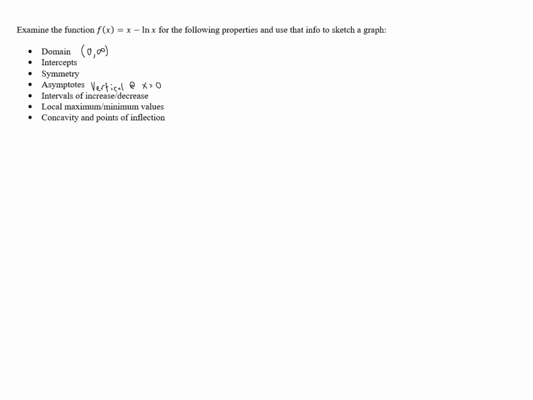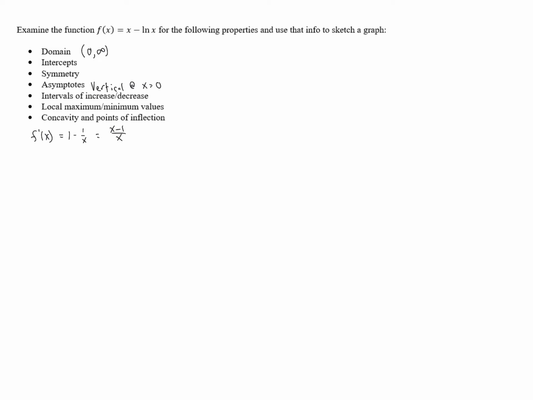For our intervals of increase and decrease, we're going to need our derivative, which isn't difficult to do here. The derivative of x minus ln of x is just going to be 1 minus 1 over x, which we can also write as x minus 1 all over x, because 1 is the same as x over x. So we have our derivative.